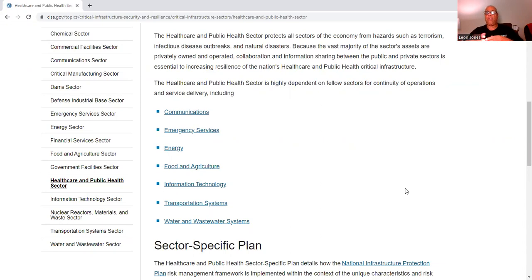And most of these sectors are privately owned and operated. Collaboration and information sharing between the public and private sectors is essential to increasing resilience of the nation's healthcare and public health critical infrastructure.